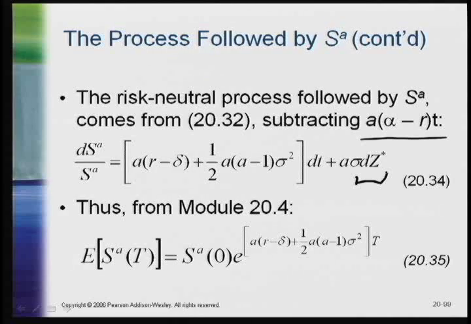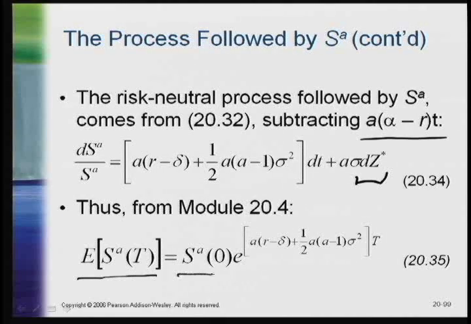This follows the work we did in an earlier module where, by changing the drift to the risk-neutral drift, we are adjusting the original Brownian motion as well as its probability distribution to produce this new Brownian motion. Once we've done that, we can calculate the expected value of s to the a. We have the result that s to the a is geometric Brownian motion, and therefore we have a formula we studied earlier to predict the expected value of s to the a.